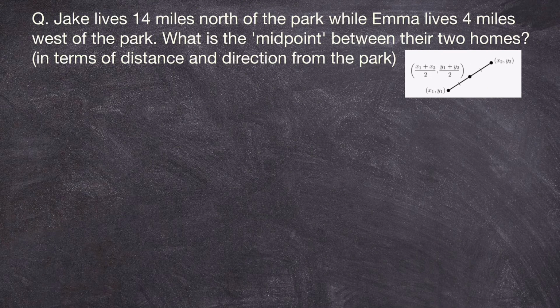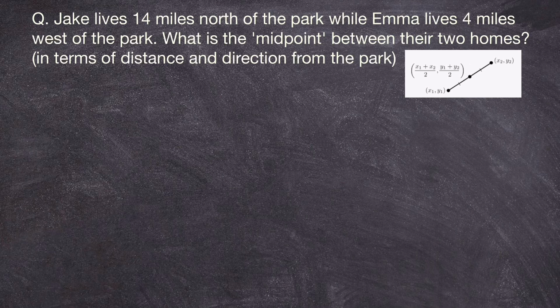Okay, so Jake lives 14 miles north while Emma lives 4 miles west. Now, I have posted a midpoint formula kindly for you right here so that you can use it. Now, when you do not have coordinates that are given, how can you use the midpoint formula? Well, simple.